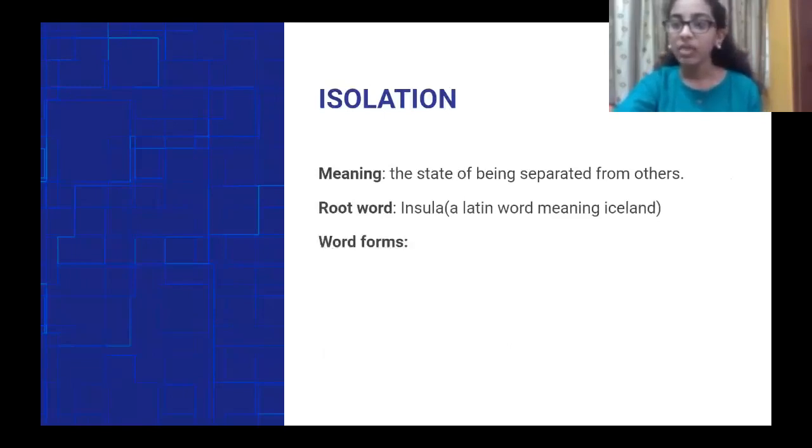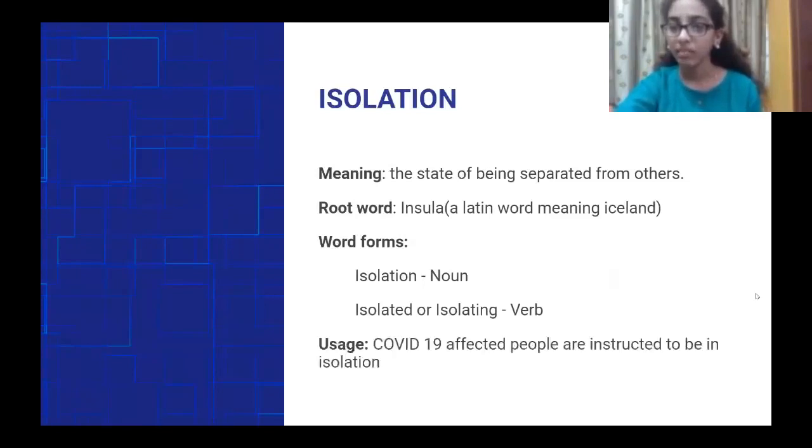The word forms are isolation, which is a noun, and verbs which are isolated or isolating. Isolated is the past tense and isolating is the present tense. The usage is: COVID-19 affected people are instructed to be in isolation.